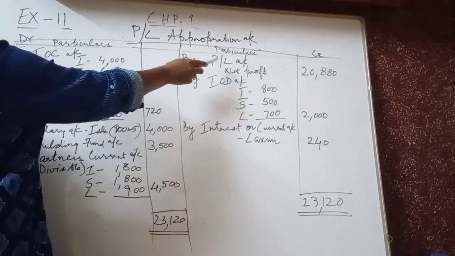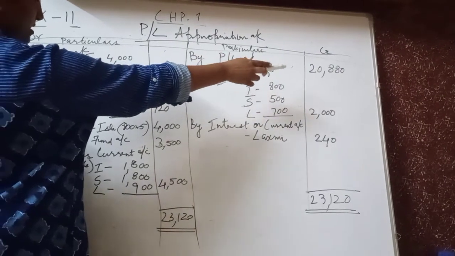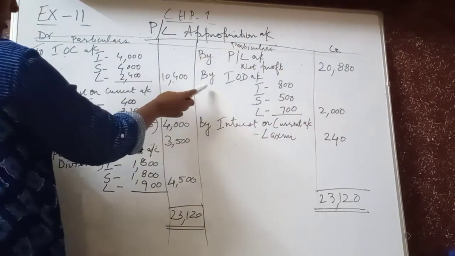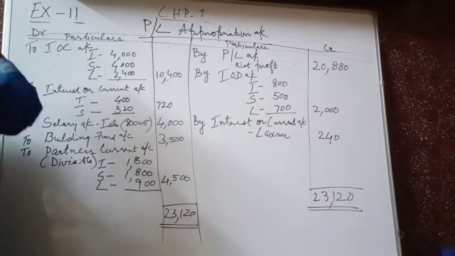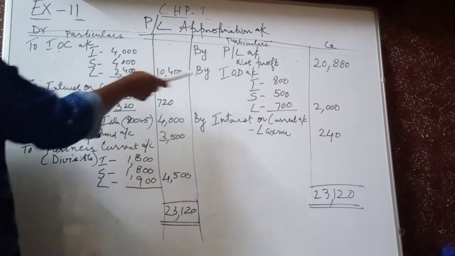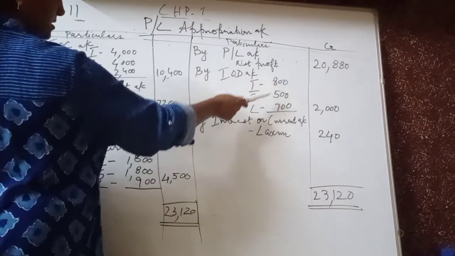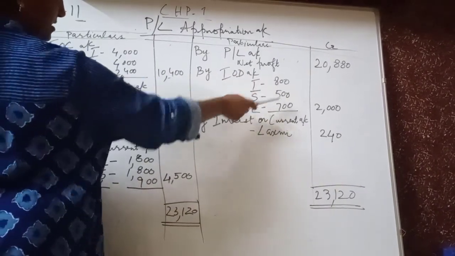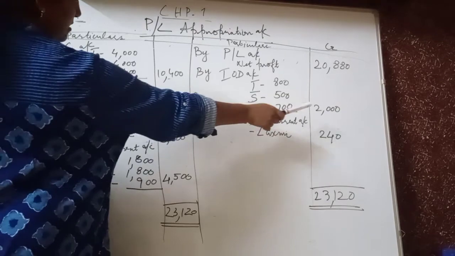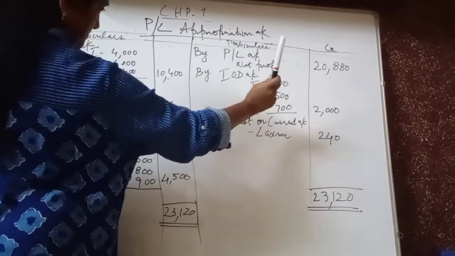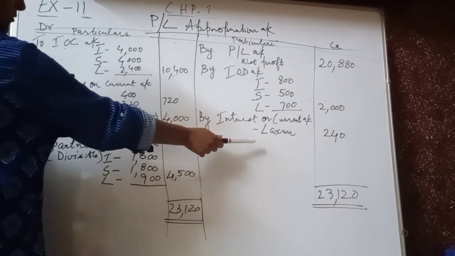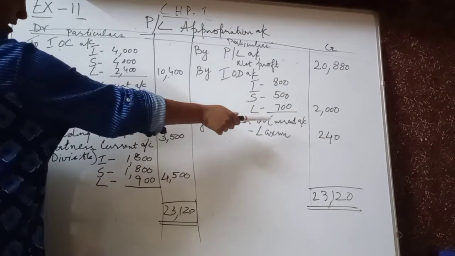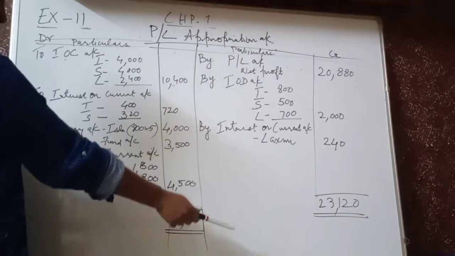So by P&L account, net profit 20,880. Now by interest on drawings account, we also saw the calculation. Isha 800 and Saraswati 500 and Lakshmi 700 comes to 2,000. By interest on current account of Lakshmi 240.